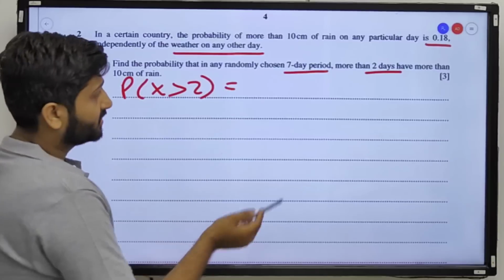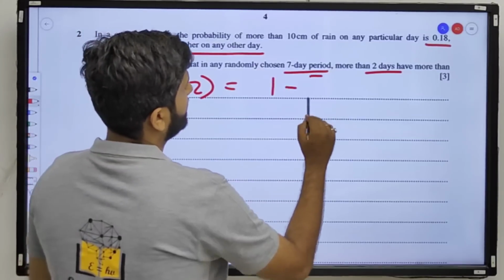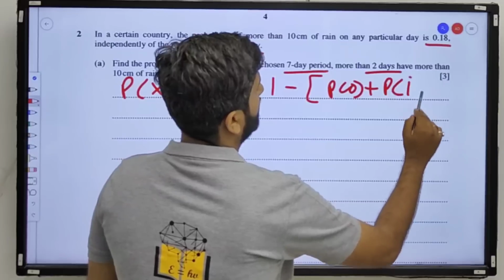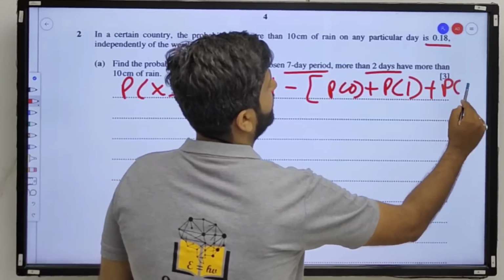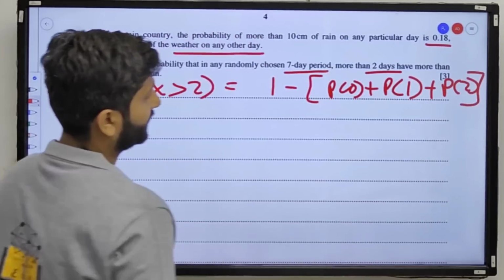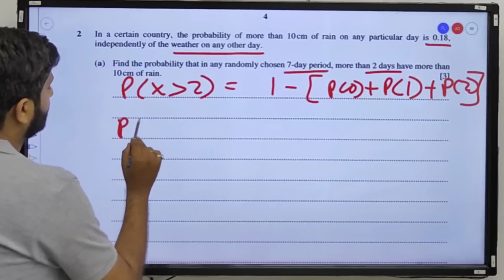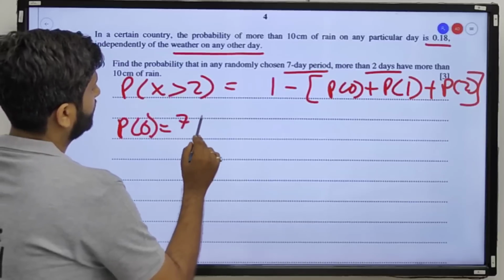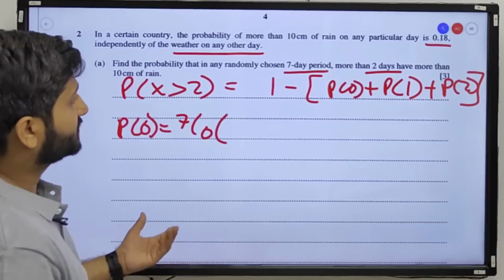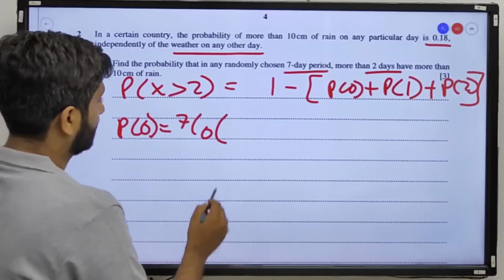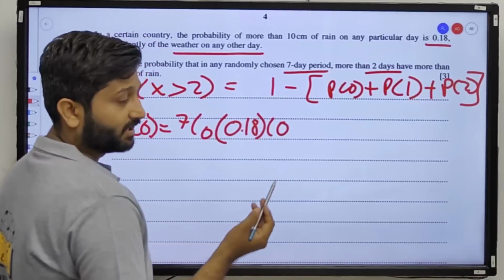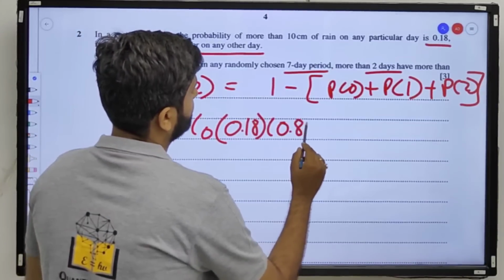This is binomial distribution. So I can find 1 minus probability of 0 plus probability of 1 plus probability of 2, right? So probability of 0, using binomial distribution, you have 7C0, probability of success, which is probability of raining, 0.18, and probability of failure, 1 minus probability of success.